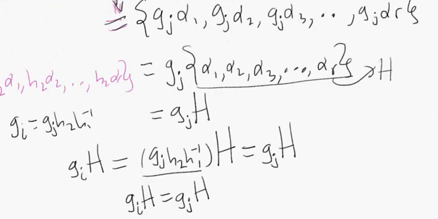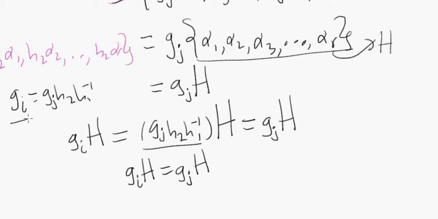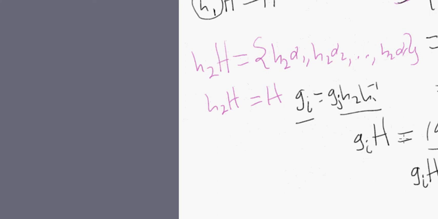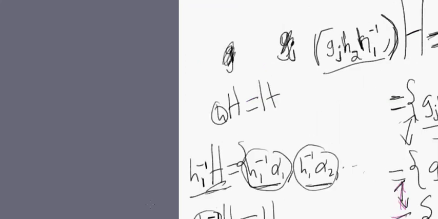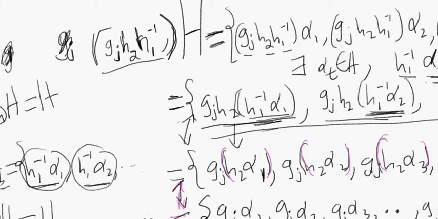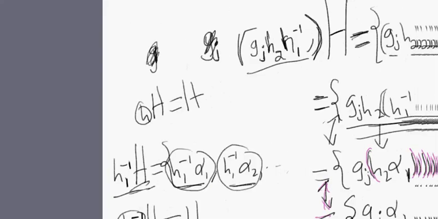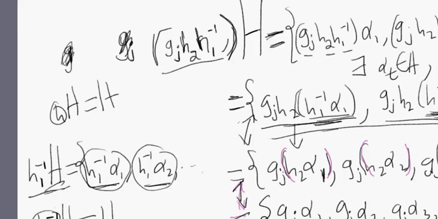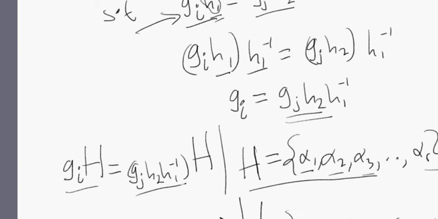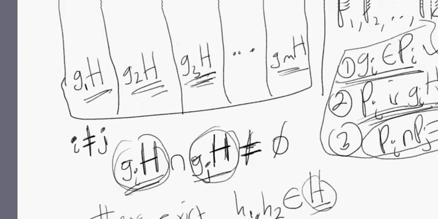And where did we get the idea that Gi equals GjH2H1 inverse? Answer, we got it from here. Yeah, where did we get it from? That's actually a good question. Must be somewhere in our chart. Okay, yeah, so here was the idea.